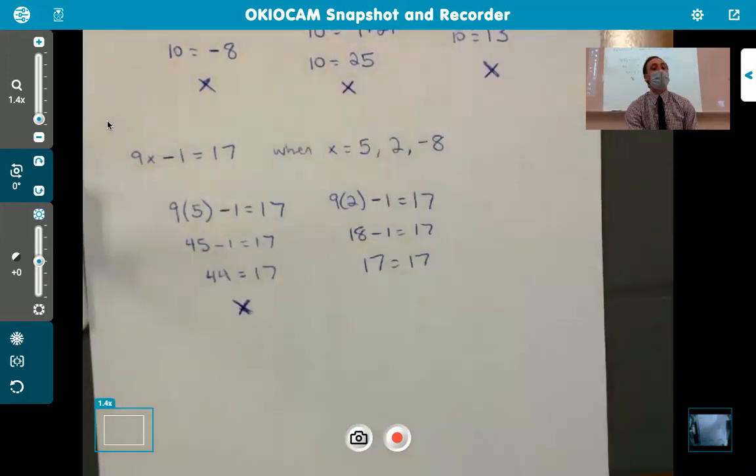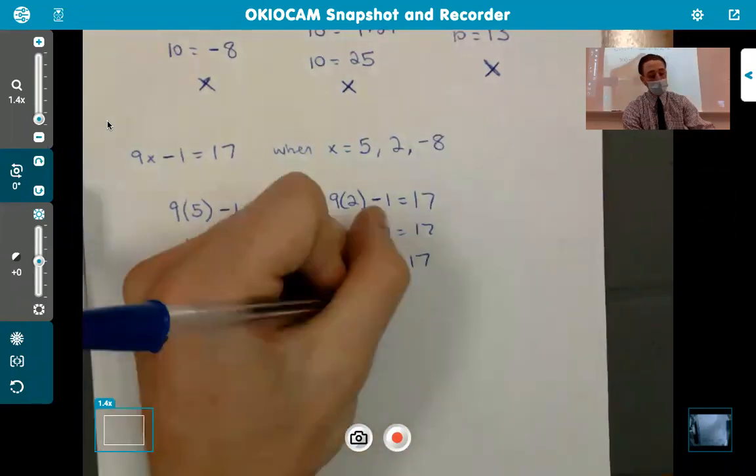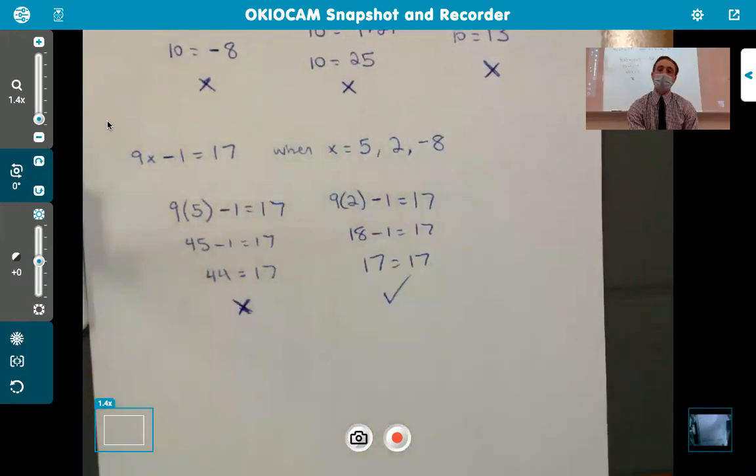And for the first time, I have the same thing on either side of my equal sign. So what this means is that 2, in fact, is a solution. So when you plug in 2, you get the same thing on either side of your equal sign. So it works out that it is a solution. And we're good. Okay.